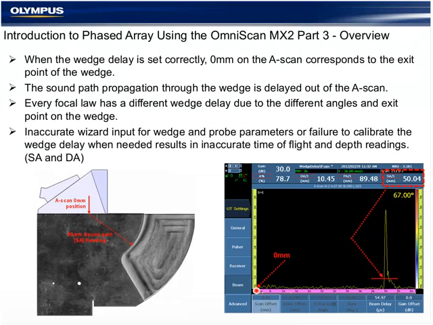If the velocity and wedge delay are correct, then we will also see the correct sound path for a radius or depth for a side drilled hole. This ultimately is what the wedge delay calibration needs to do. It was initially calculated at 54.97, and going through our wedge delay wizard will make a minor correction to that.